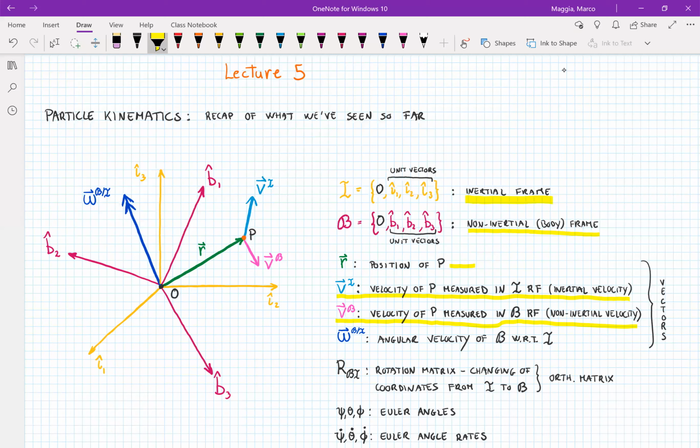Then we have our angular velocity vector, which is the relative angular velocity of the body frame of reference with respect to the inertial frame of reference.